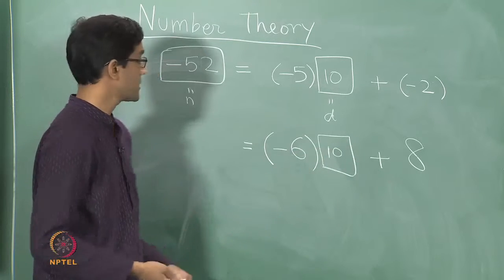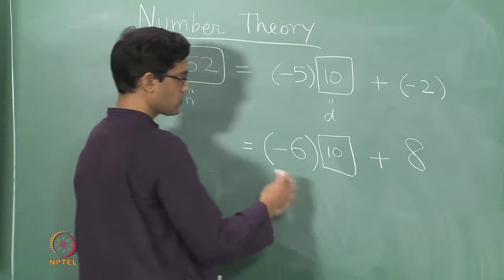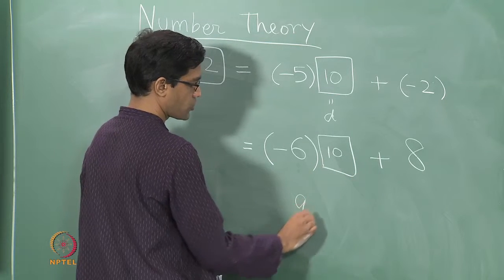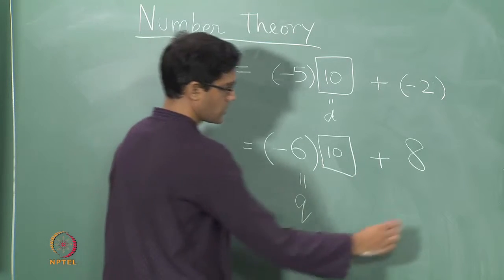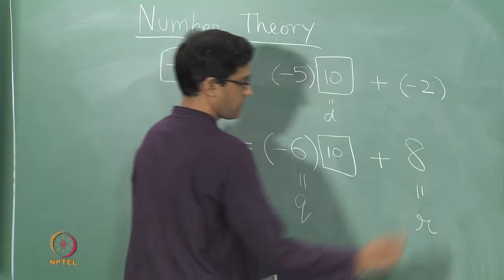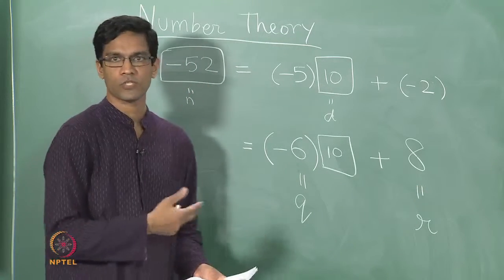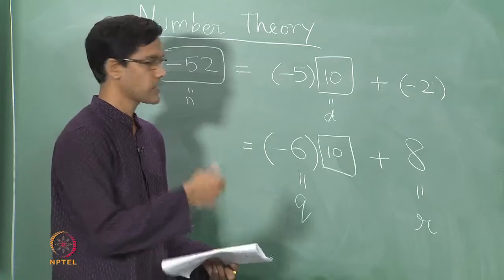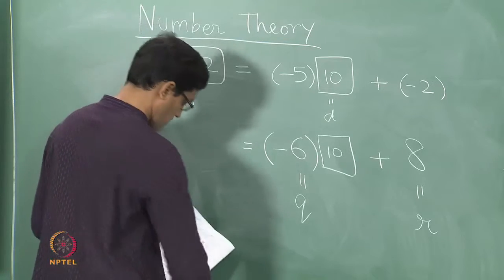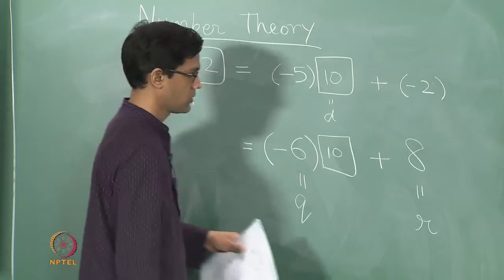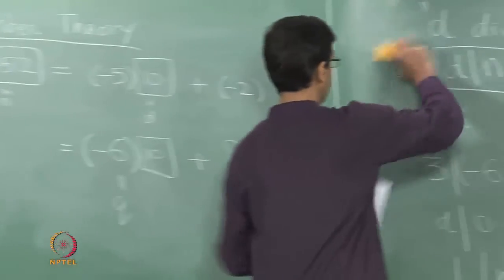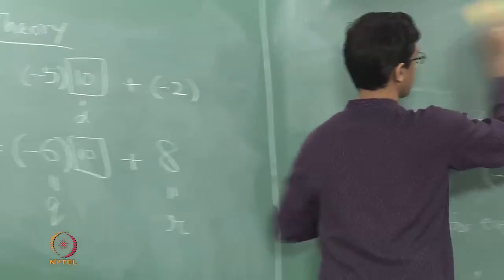That is still a minus 52, and now this is really the expression you want. So you should think of the quotient as being minus 6 and the remainder as being 8. So the remainder now of course satisfies the constraint that we wanted to satisfy. Okay, so that is about divisibility and division with remainder.